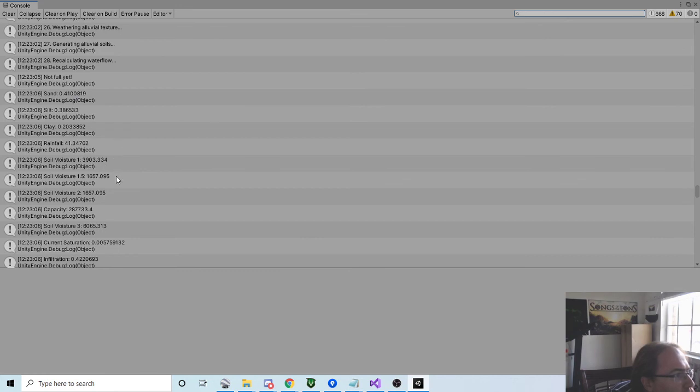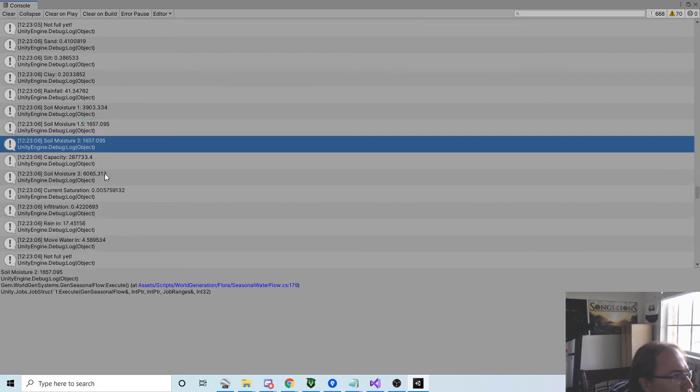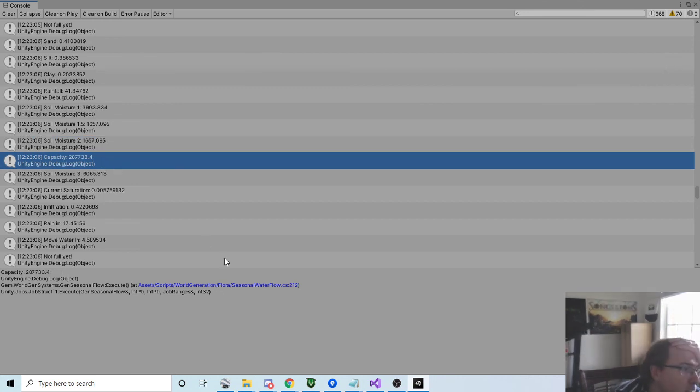Soil moisture, that seems normal. Soil moisture, 1657. Normal. Right, so we lost a hefty chunk of it, which is expected. Seems like a lot, though, but that's a tuning issue. Capacity is 287,733.